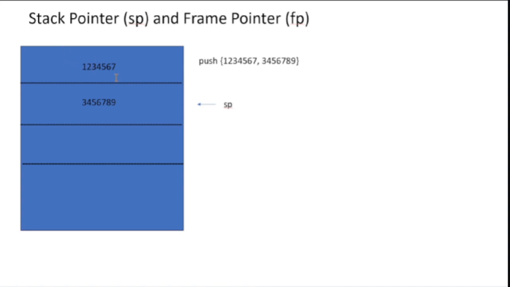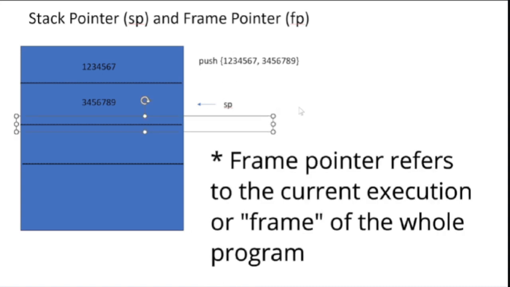And here's the highest memory address. So remember, as we're going quote-unquote bottom in this inverted drawing, we're actually going to the top of the stack. And the stack pointer's job is to point at the top of the stack. So this bottom is actually the top, and that's where the stack pointer is pointing.